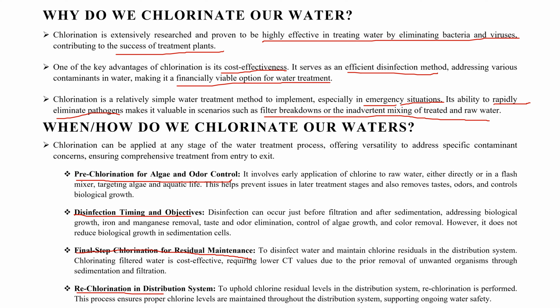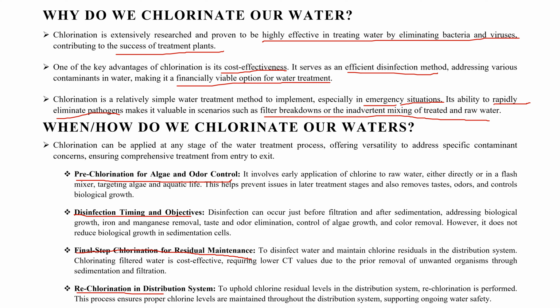Whenever raw water, natural water, or direct river water is to be passed on for domestic purposes, it will be pre-chlorinated. Chlorine is added to the raw water, and odor control also takes place.